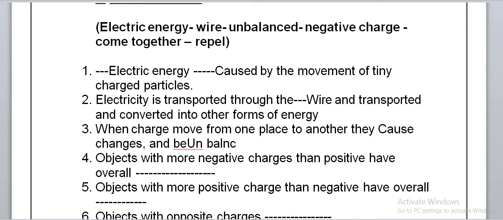We actually don't have balance in electricity. Objects with more negative than positive will be negative, according to the more. Objects with more positive than negative will be positive, because the overall charge follows the more.